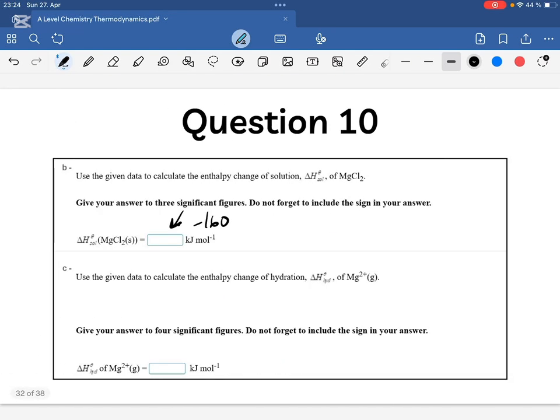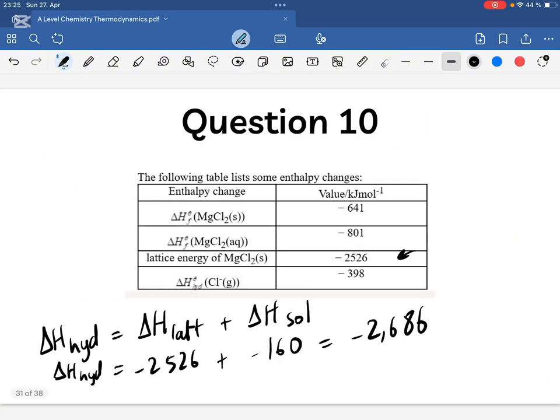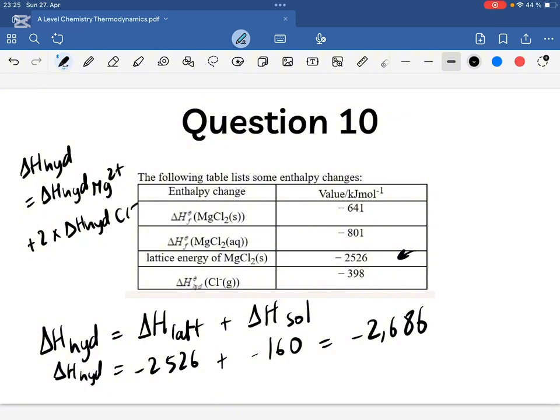Now this is the delta H hydration. However, I have to find the delta H hydration of Mg2+. To find it, we know that delta H hydration is equal to the delta H hydration of Mg2+ plus 2 times the delta H hydration of Cl-, because we're talking about MgCl2. So we have Mg2+ and we have 2 Cl-.